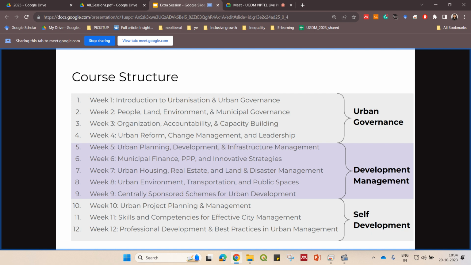Next would be week 8, which focused largely on urban environment, transportation, and public spaces. So, first two lectures would be on managing the urban environment.